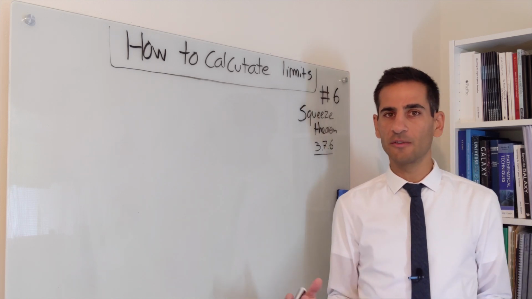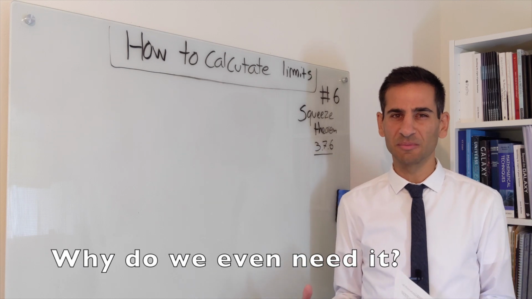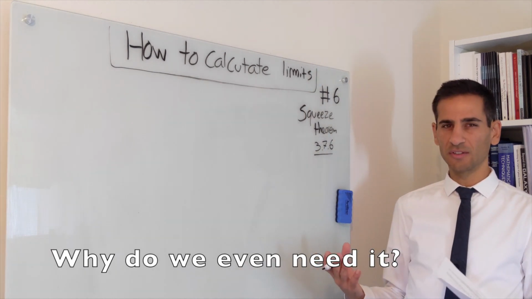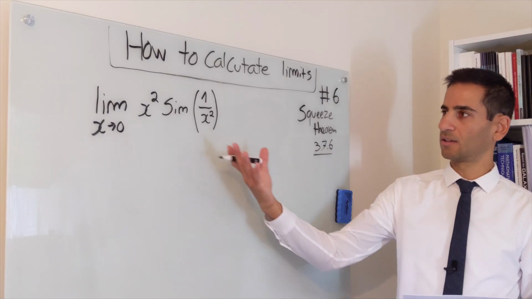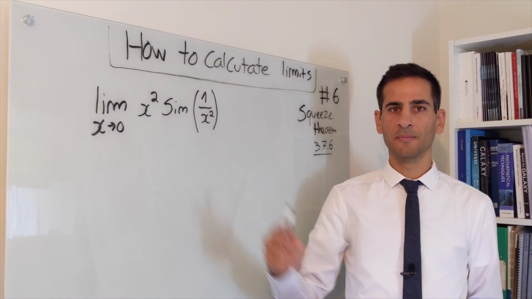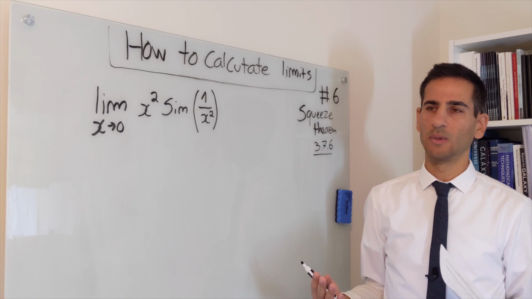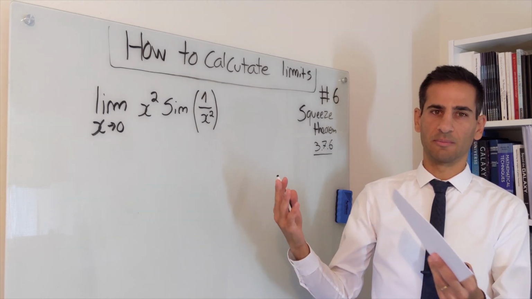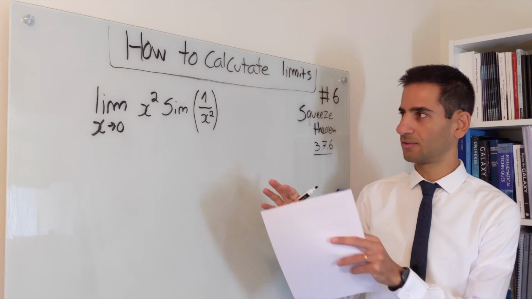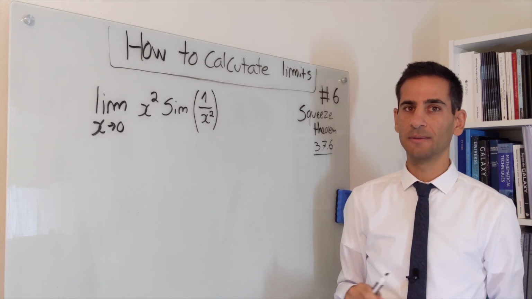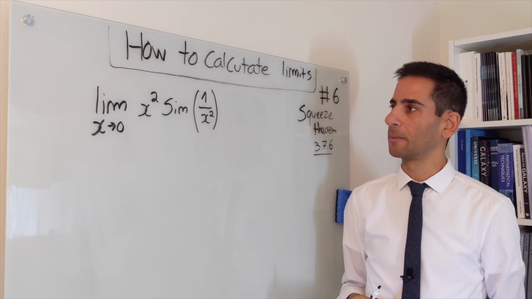But before, let's motivate why we would need something called a squeeze theorem. Let's say you want to calculate this limit. Now, based on the things we know, we could apply the product rule, which by the way only works if the individual limits exist. And this is where we run into a problem.